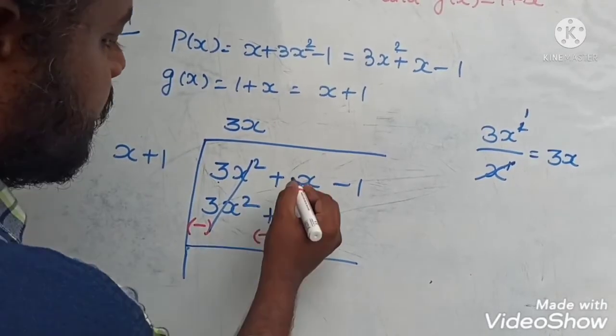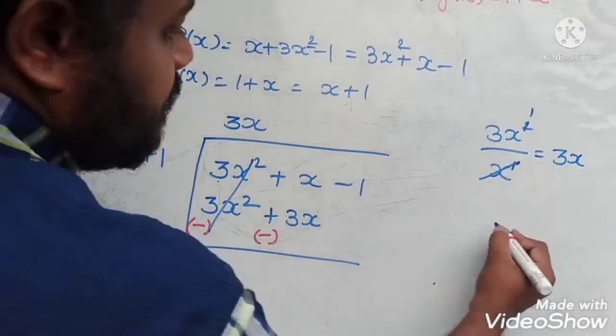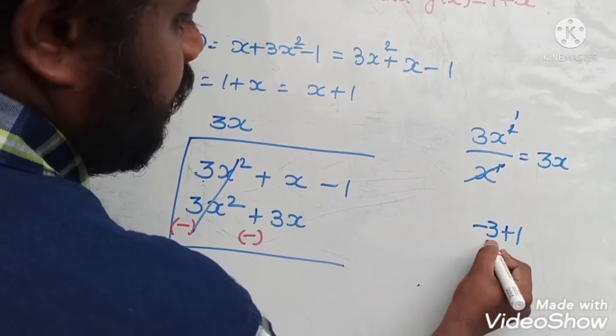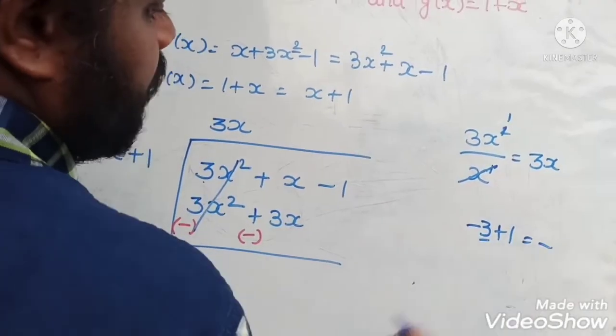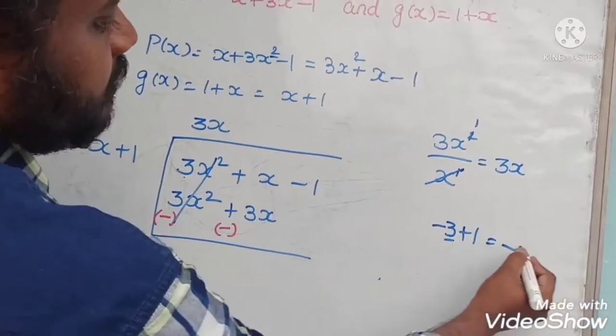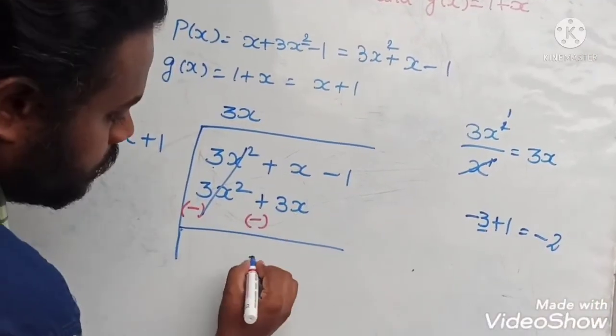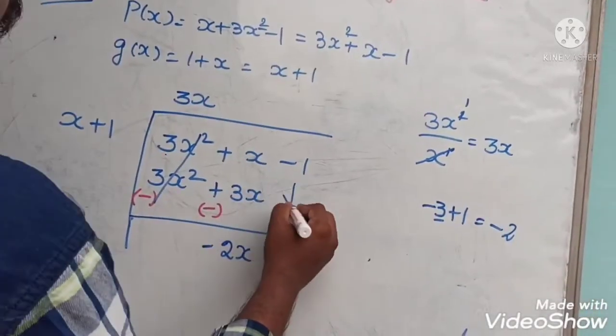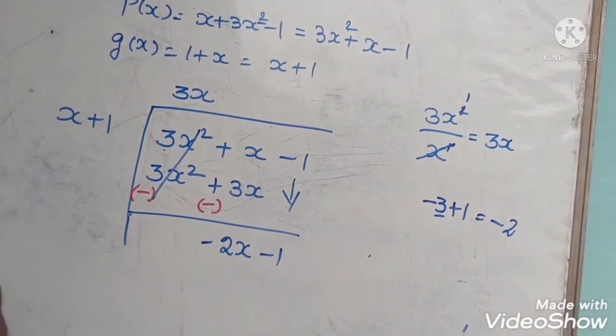So minus 3x plus x: the coefficient of the first is minus 3, the other is plus 1. Here 3 is greater, so the answer is minus. For different symbols we subtract, we get 2. So minus 2, the variable is common. We take the second term, minus 1.